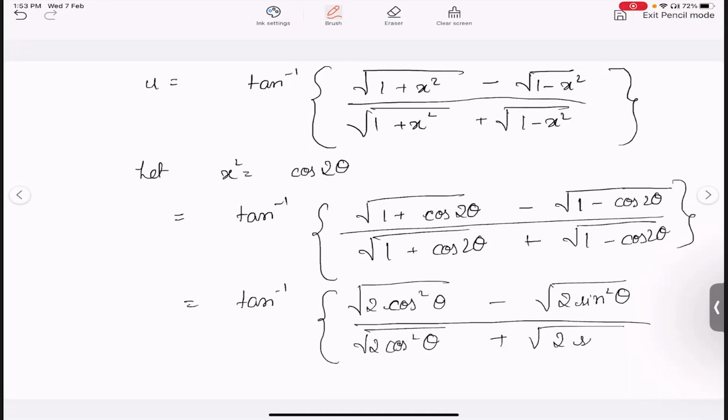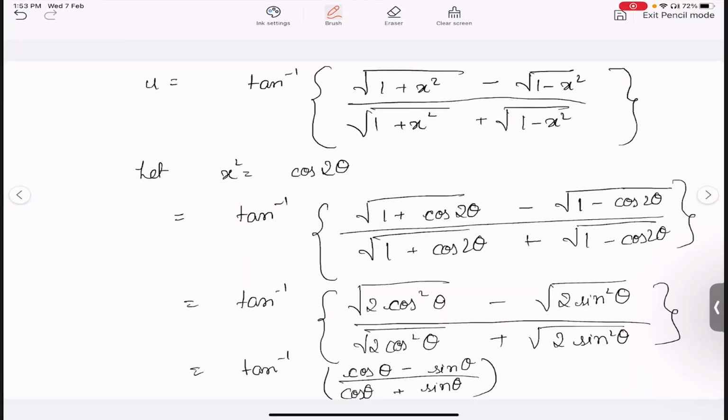Now this will be tan inverse. We can take out root 2 common and cancel in the numerator and denominator. So what we are left with is cos theta minus sin theta by cos theta plus sin theta.